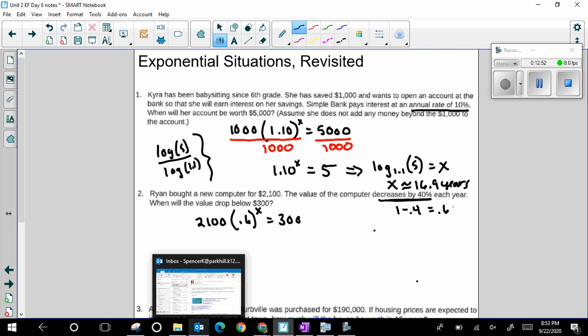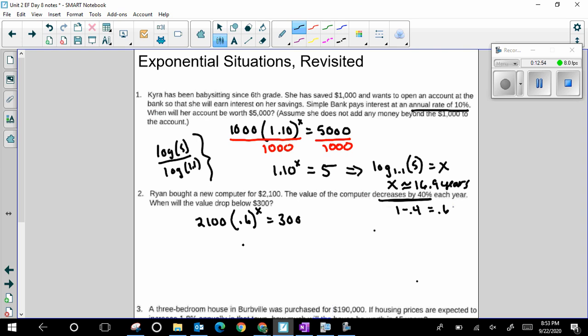So divide by 2100. You can leave it 300 over 2100 if you want, or you can reduce it to 1/7. 300 over 2100 is 1/7, and then I can change to a logarithm. So log base 0.6 of 1 divided by 7 equals x.